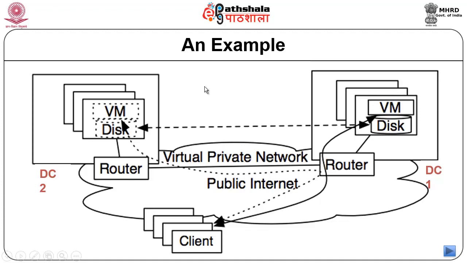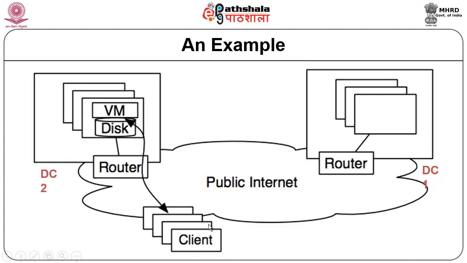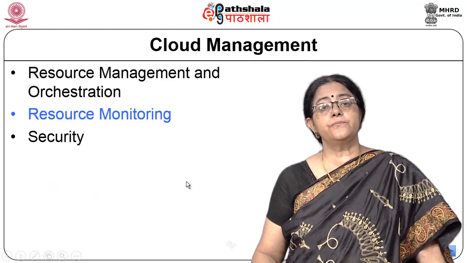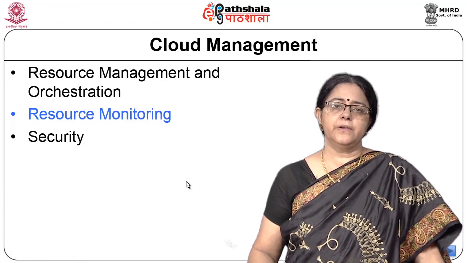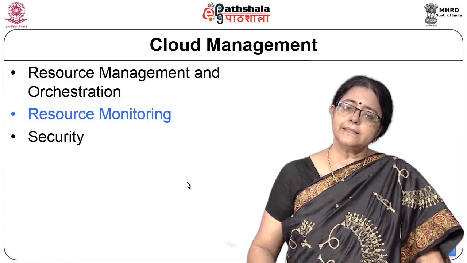The orchestration must ensure that the IP address and all the files are available here and unchanged, and then finally we let the client talk to this VM. Since there is no change in the IP address, it remains totally transparent to the client that the VM has been moved. Actually, this is the mechanism used for the philosophy called follow the sun, and this is totally the job of the orchestrator.